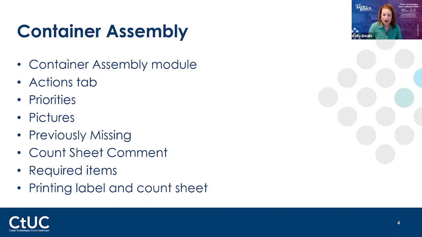And then pictures. So when you're in container assembly, you can attach pictures. So years ago, when I was a scrub tech, we processed our own instruments. And with that, we had our stat C-section tray. So we had a big picture, bigger than an 8x10, posted on the wall.